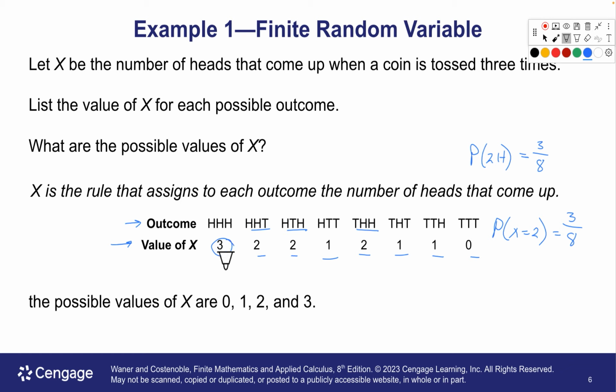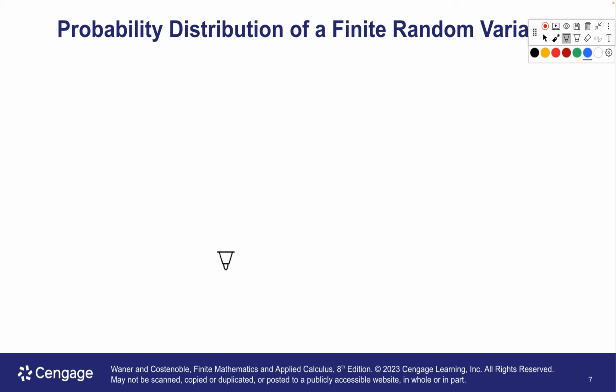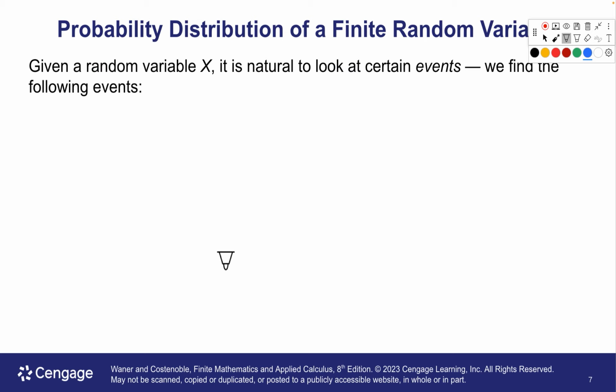Those are the possible values, and then we can come up with their probability distribution. That is a listing of all the probabilities for each of the values, right? So each value of the random variable X is associated with an event, and then we find what those events are.